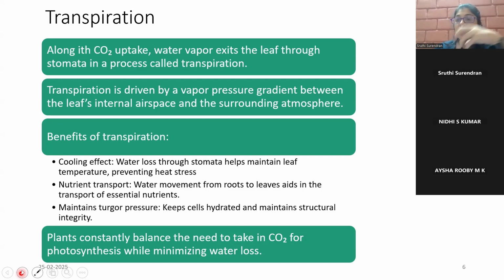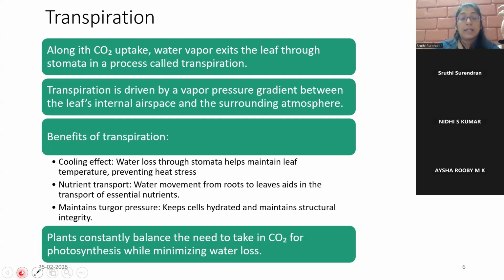This difference is what is driving the water to reach the leaves and move out. So this is one of the processes that helps drive the water movement from the roots to the different parts of the plant, particularly to the leaves. And during this, nutrient transport is also occurring.